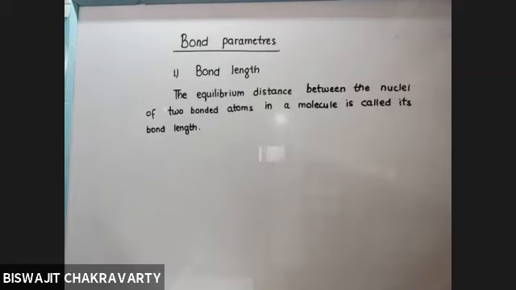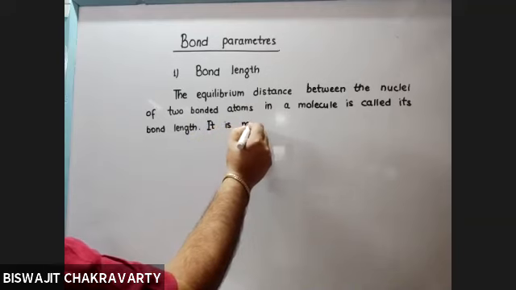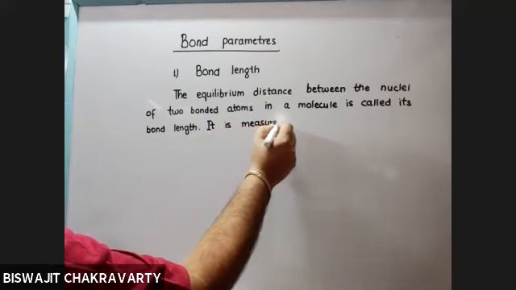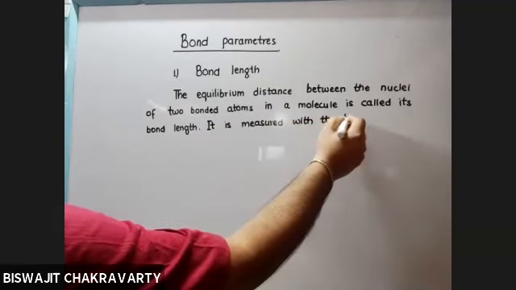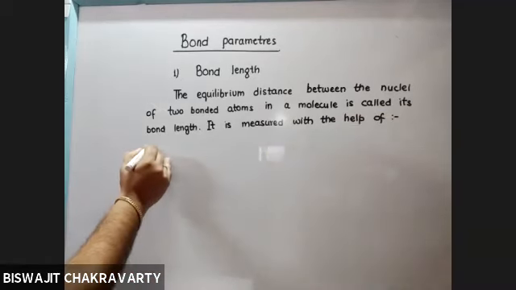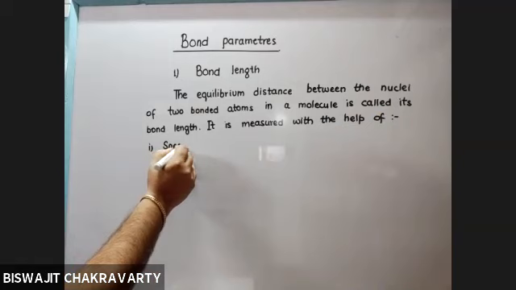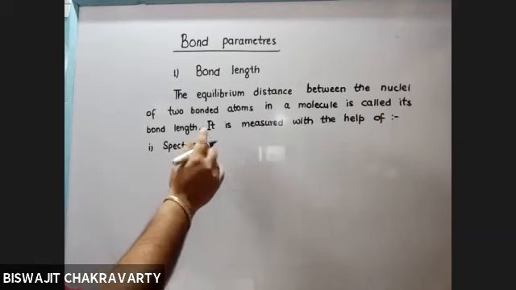And with the help of what technique is the bond length measured? So we have various techniques. It is measured with the help of spectroscopy. It is a separate branch of chemistry, spectroscopy.